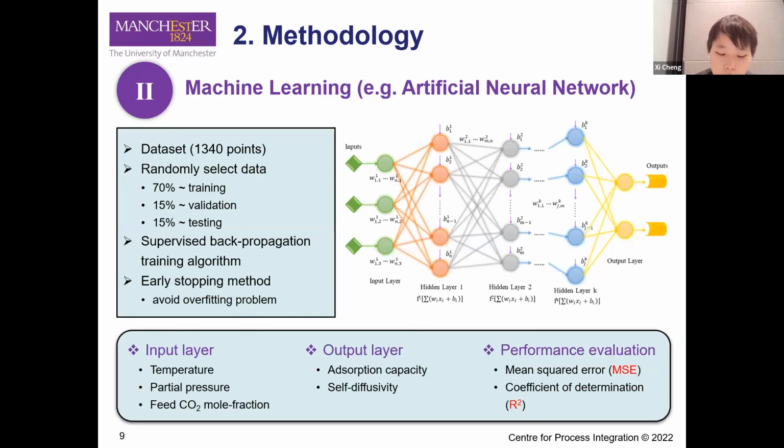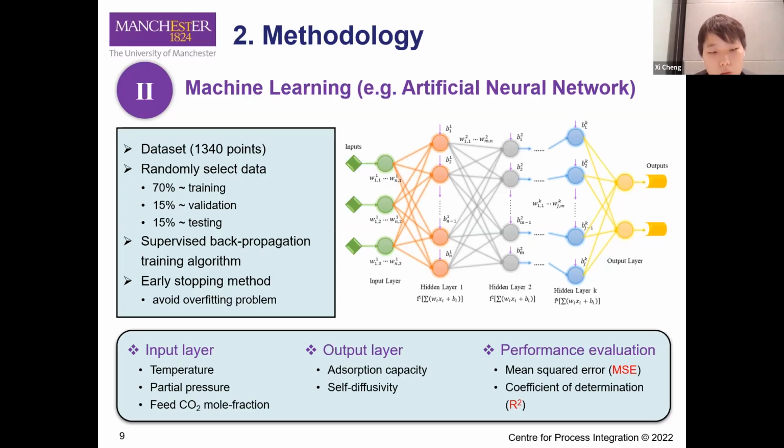Here we utilize an artificial neural network as the machine learning technique. A dataset consisting of 1340 points is randomly split, of which 70% is used for training, 15% for validation, and the last 15% is used to test the model.